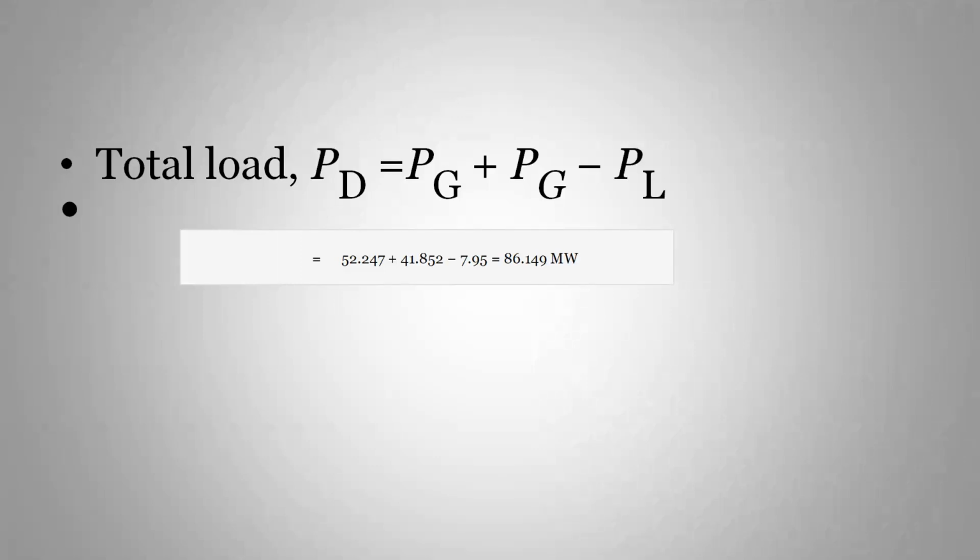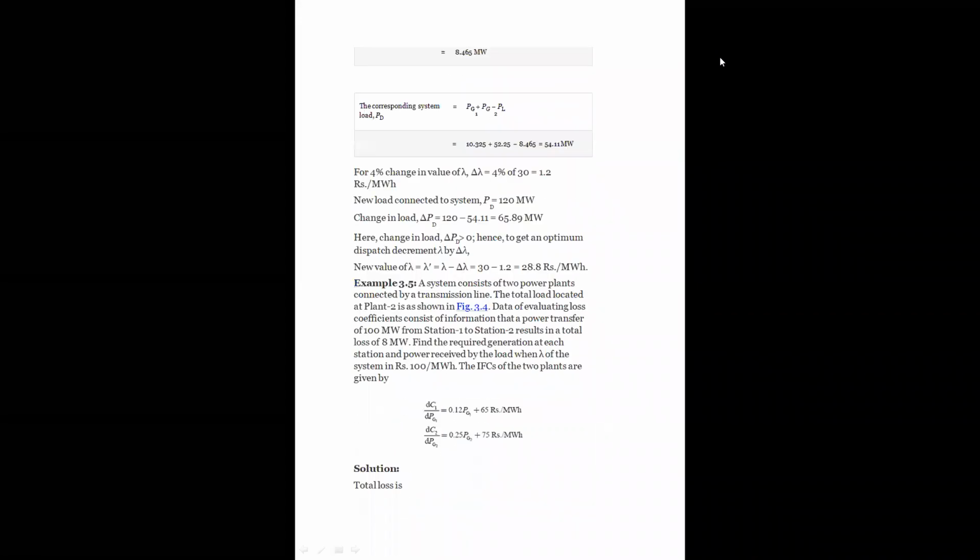Okay, so substitute Pg1 and Pg2 in the power loss. So you have derived the Pg1 and Pg2. So the transmission loss, the power demand.